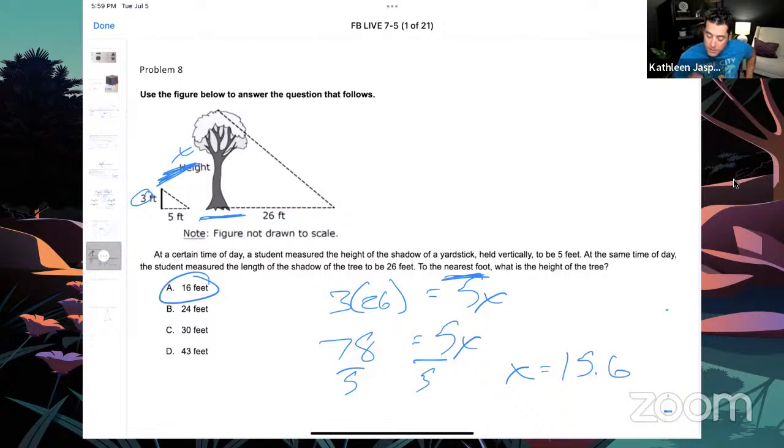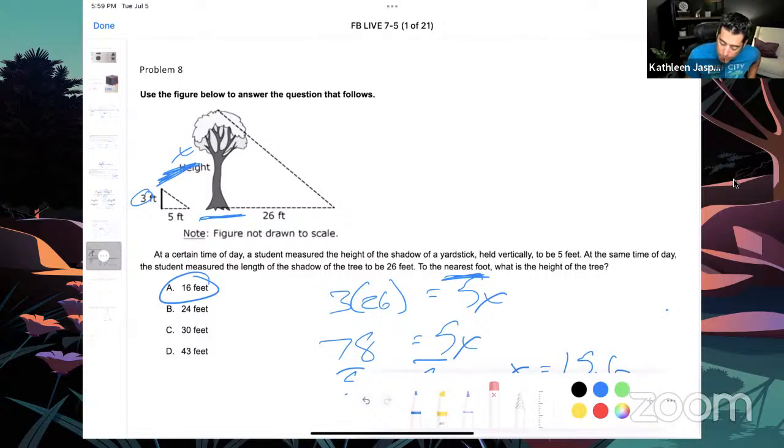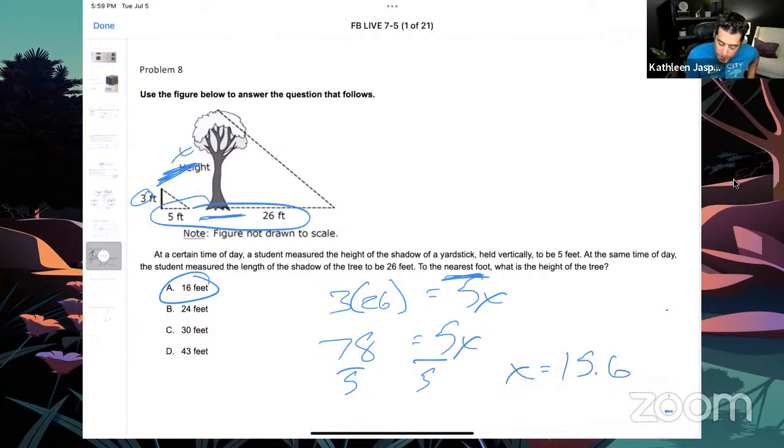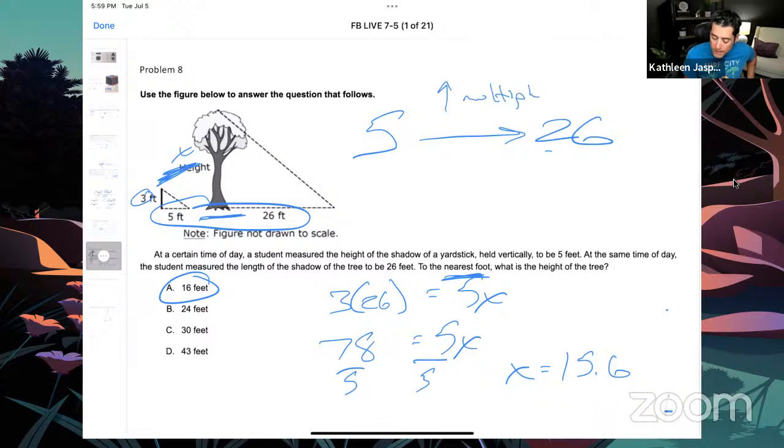Okay. So I've got 5. You always work with the values that you have. If I have 5 and I want to go to 26, am I going up or going down? If I go up, that means multiply.